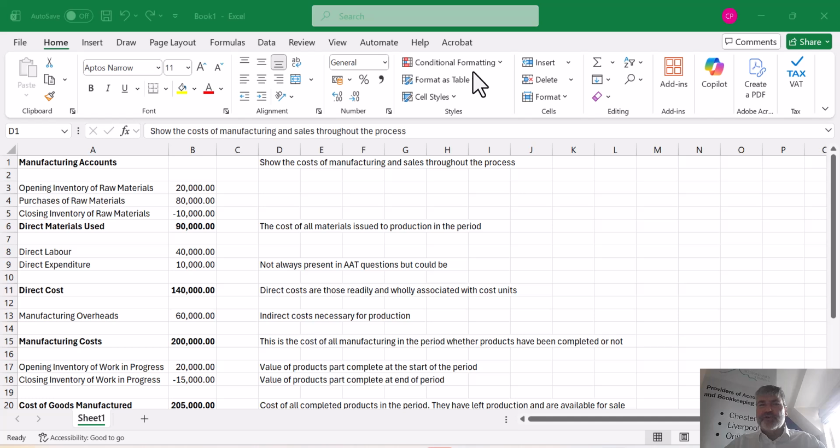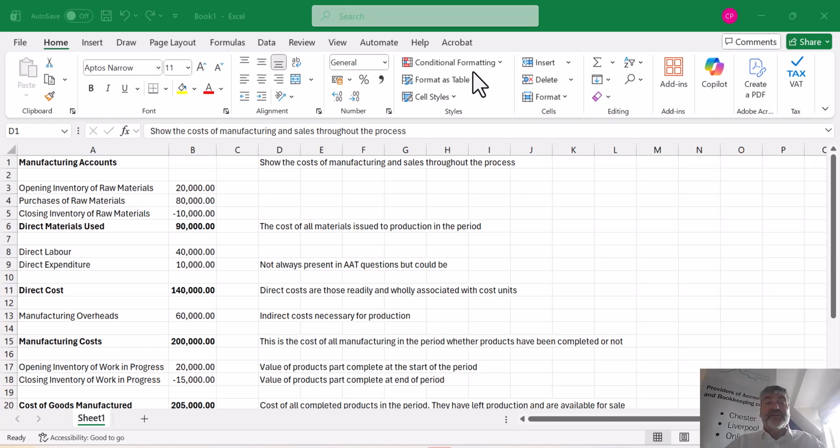The next thing I want to know is, what are the costs of the goods that have been manufactured? In other words, the cost associated with the products that have been completed and have left the factory and gone into the warehouse ready to be sold. Now, the manufacturing process is likely to be a continual process.